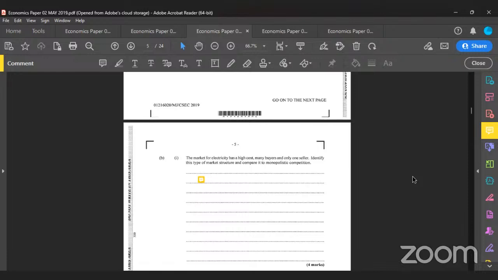But at their basis, they're still phones, right? So that is another thing that we have to consider. In a monopoly, however, there's a unique product. That is the only supplier of the product, and that product is a unique product. It's not substitutable. It's the only product of its kind on the market.